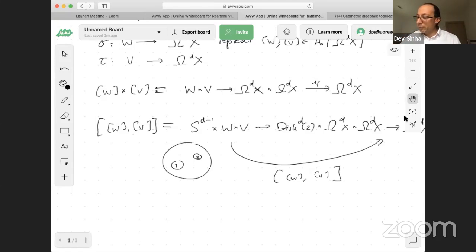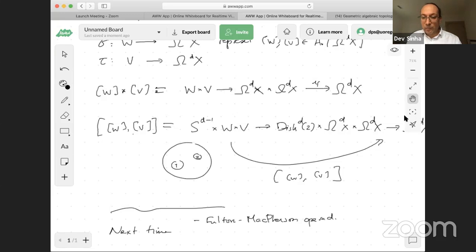So I will sort of recap. Next time we'll talk about the Fulton MacPherson operad, which is another model for the same homotopy type. We'll talk about the recognition theorem, and then I'll discuss Dyer-Lashof operations, which is that equivariant piece of the story.